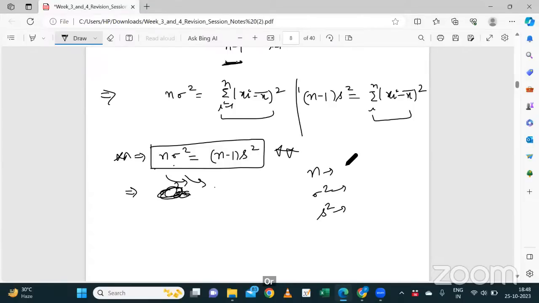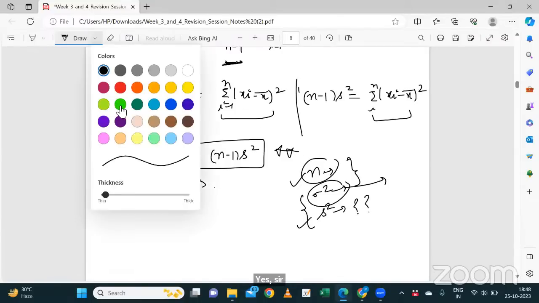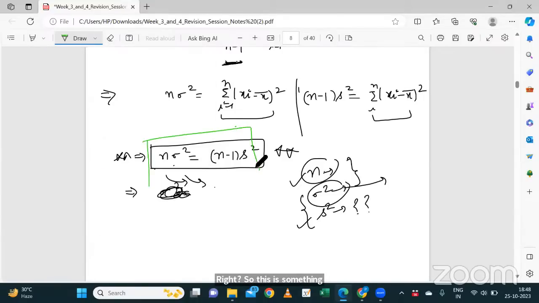Suppose any two are given to you, n and sigma square, and I ask s square, you can tell me. Suppose n and s square are given to you, you can tell me sigma square. Suppose sigma square and s square are given to you, you can tell me the value of n. So this is something you can keep in your mind. You can treat it as an important formula. You can take a screenshot or something like that.